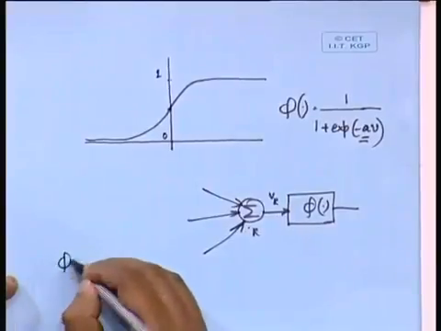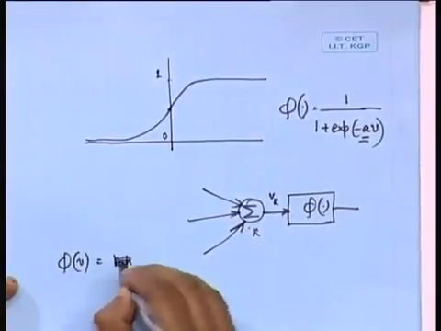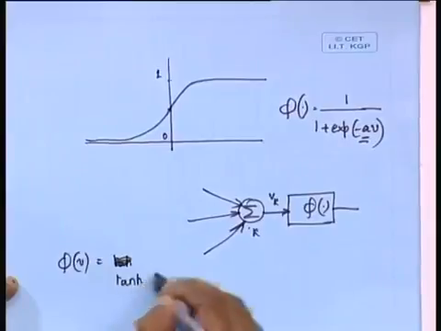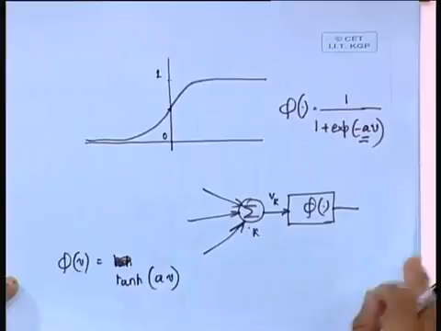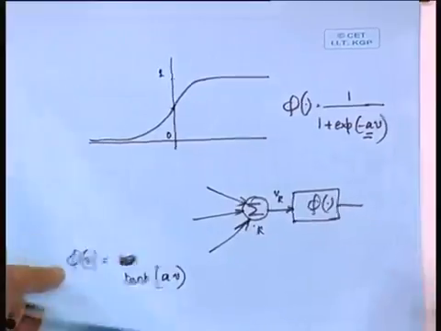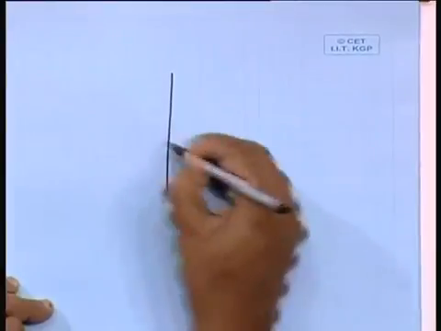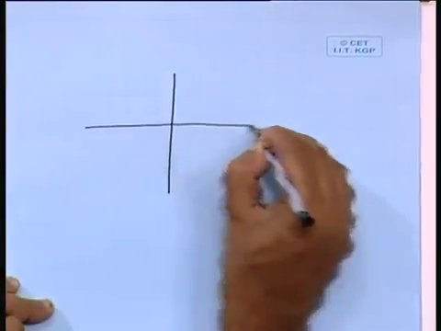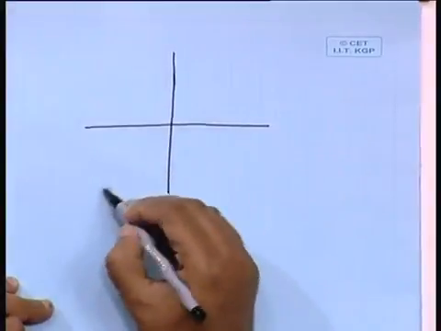The best function for that, as a phi function, is the tan hyperbolic of AV, which has a sigmoidal shape but ranges between -1 and +1. Again, in that case too, A decides the slope of the curve.